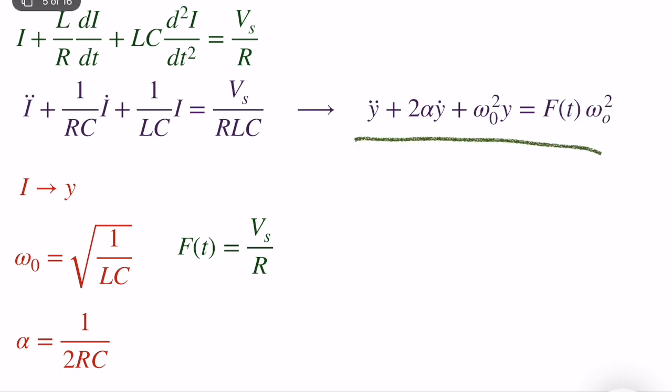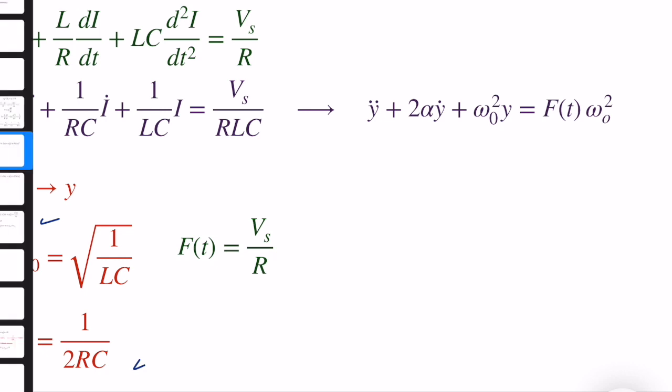As you remember, in the unforced part, we had the same ODE, except it was equal to 0. Now it's equal to some forcing component. So again, we can compute omega naught, the natural frequency, which is the same, and alpha, which is the same. The only difference is we have a different input coming from the external source. So how we can handle the external force is very easy.